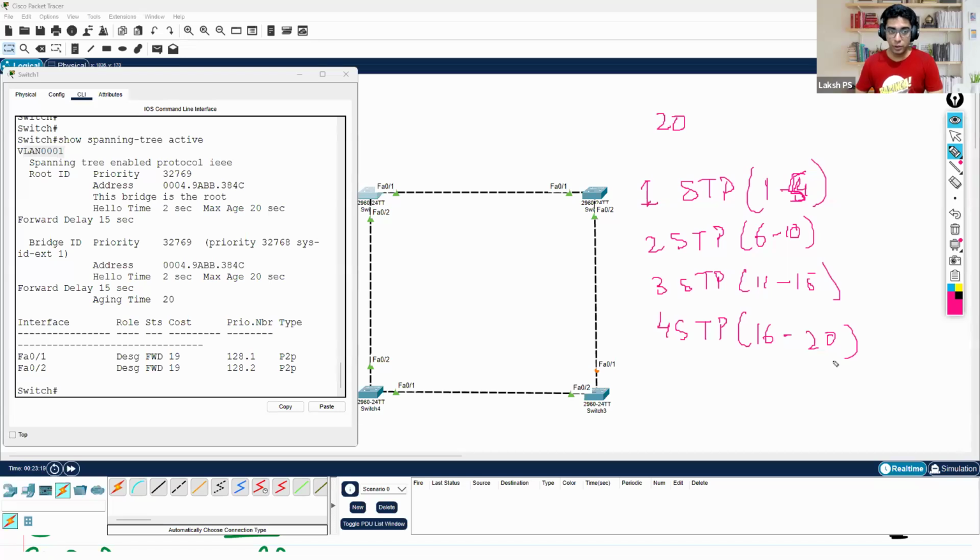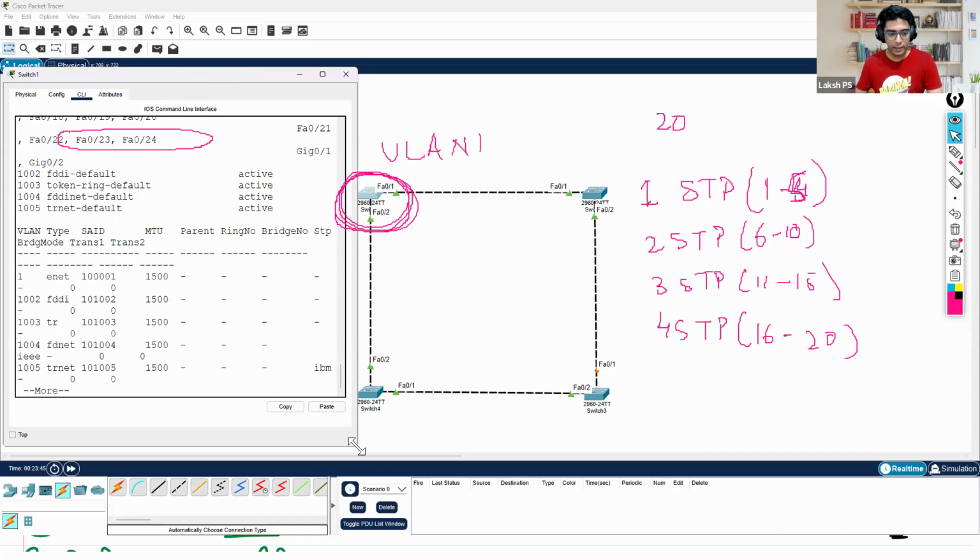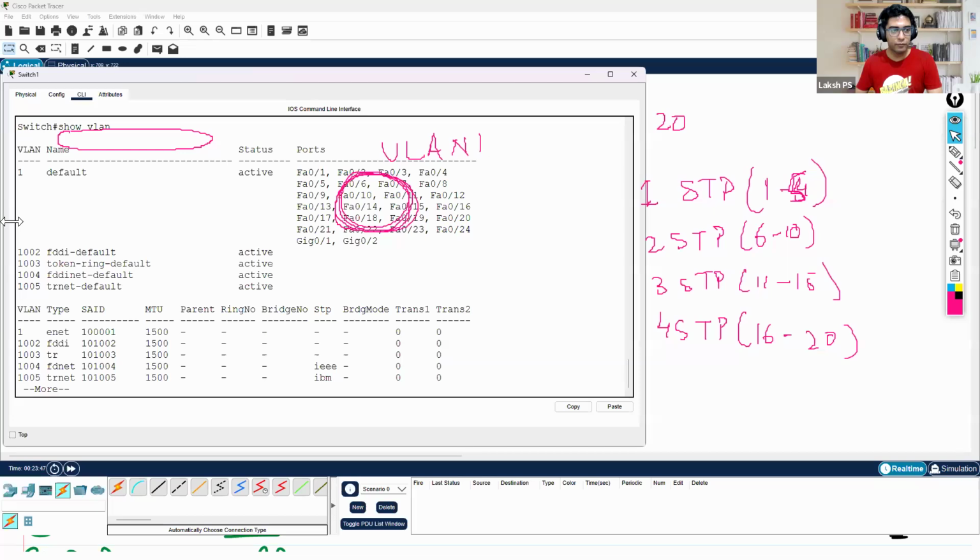So if I do show spanning tree instances, or when I do show spanning tree active, this show spanning tree active is for switch number 1. On switch number 1, since there is only one VLAN and the spanning tree is running only for VLAN number 1, if I do show VLAN, we will see only one VLAN configured on this switch, which is the default VLAN.